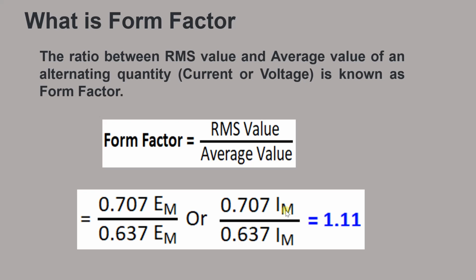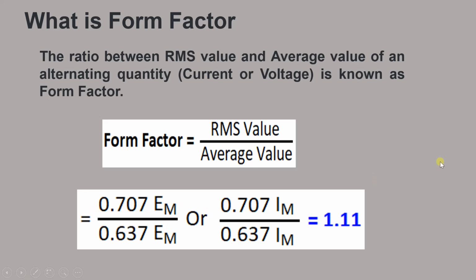What is form factor? The ratio between the RMS value and the average value of an alternating quantity, current or voltage, is known as form factor. It is given by RMS value upon average value.